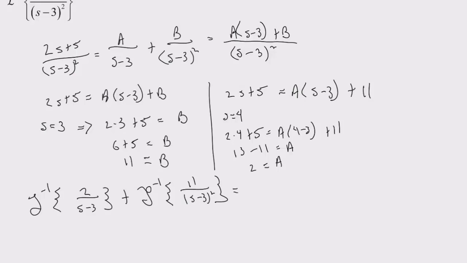And I can bring the 2 and 11 out. So that's 2 times the inverse Laplace of 1 over s minus 3 plus 11 times the inverse Laplace of 1 over s minus 3 squared.